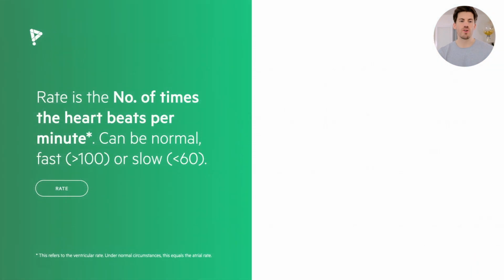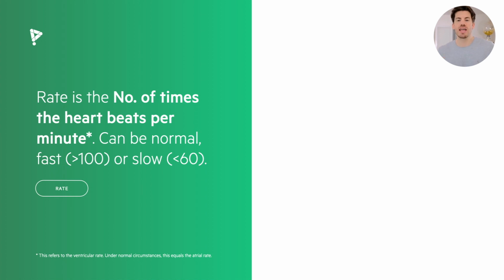Let's talk about how we then work out the rate. Rate is essentially the number of times the heart beats per minute, and it can be normal, fast, so greater than 100 beats per minute, or slow, less than 60 beats per minute. Remember, this is generally referring to the ventricular rate, and under normal circumstances the ventricular rate will equal the atrial rate.